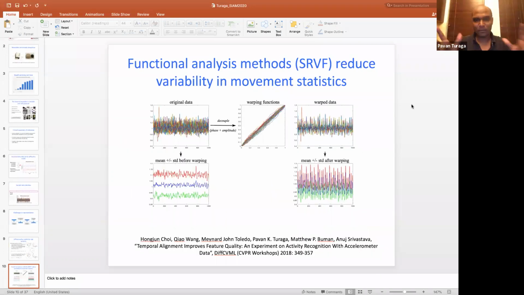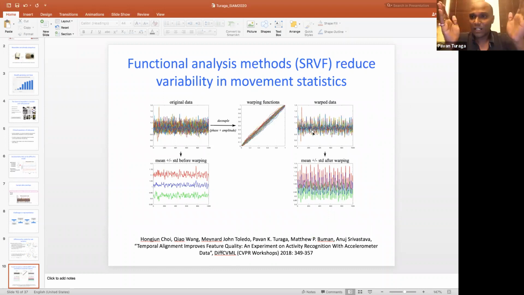This is how the process looks like. A stack of data, which on first glance looks fairly chaotic and with no structure, can be decoupled into phase functions or warping functions and amplitude functions. Now, this is 100 recordings of a person walking at some constant speed on a treadmill, like 4 miles per hour.